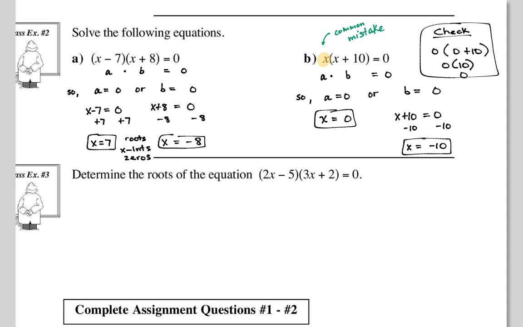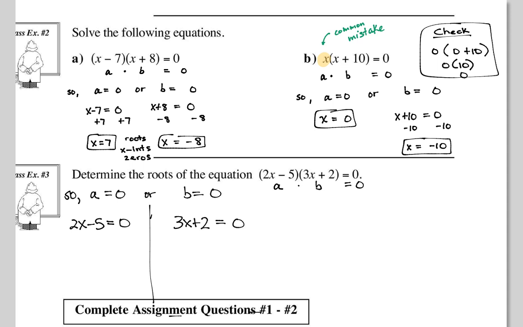Okay, let's do the next one. So we'll do them the longhand. A times B equals 0, so A equals 0 or B equals 0. A is the binomial 2x minus 5. B is the binomial 3x plus 2. To solve these, you isolate and then divide.